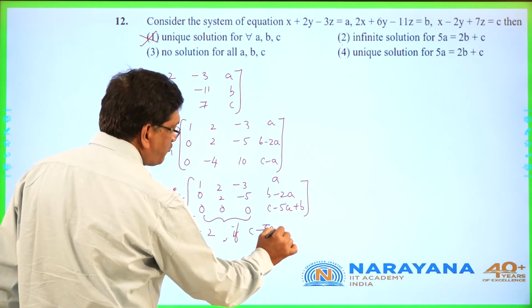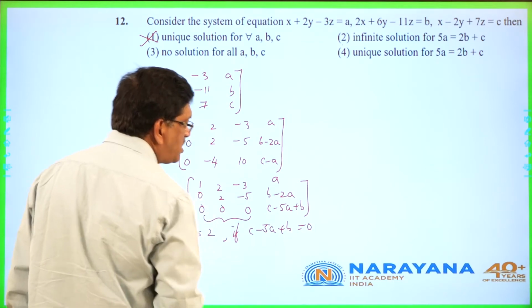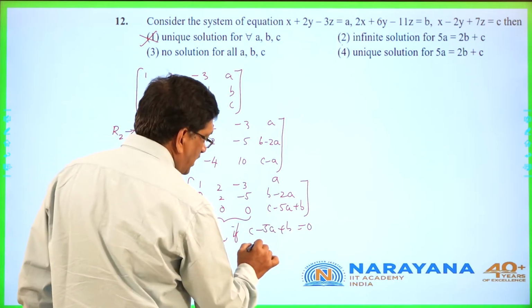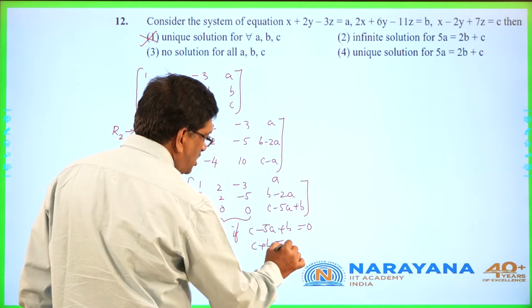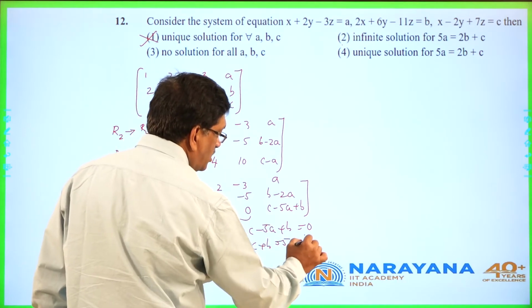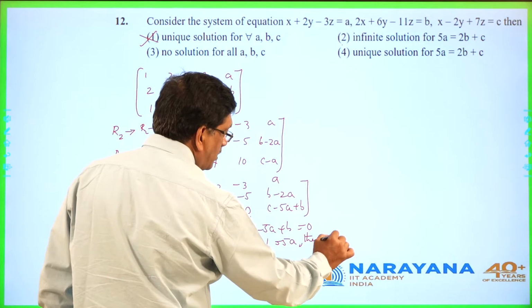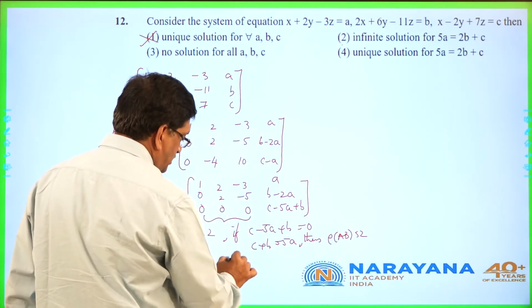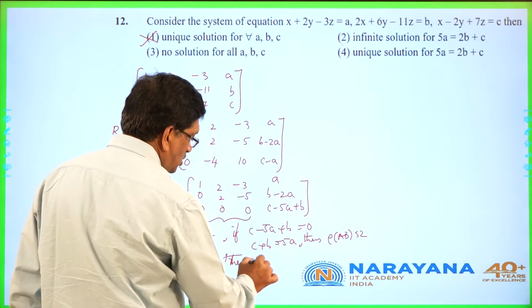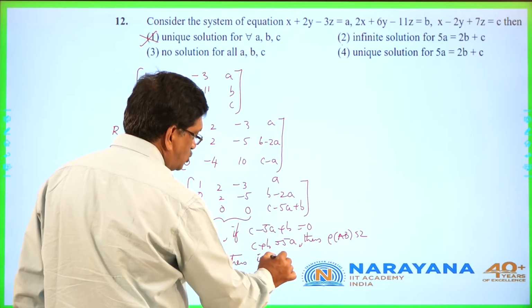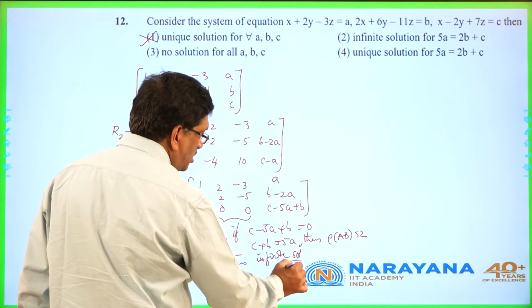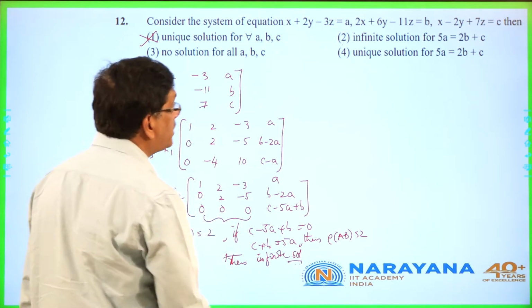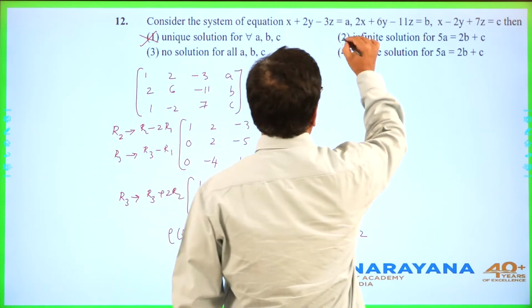If C minus 5A plus B equal to 0, then C plus B equal to 5A, then the rank of AB is also 2. Then we may get infinitely many solutions.